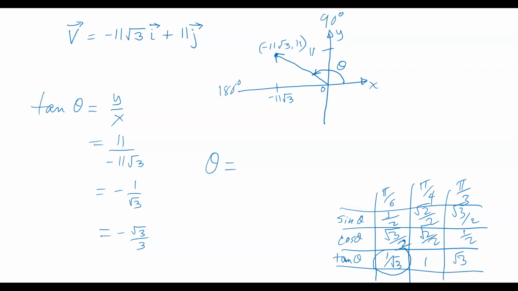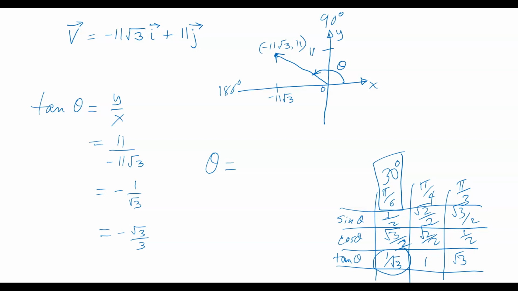So the angle has to be, pi over 6 is 30 degrees. We're looking for an angle that is not 30 degrees, because 30 degrees is in quadrant 1. We need to find an angle in quadrant 2. So what we refer to this, pi over 6 or 30 degrees, is what we call the reference angle.